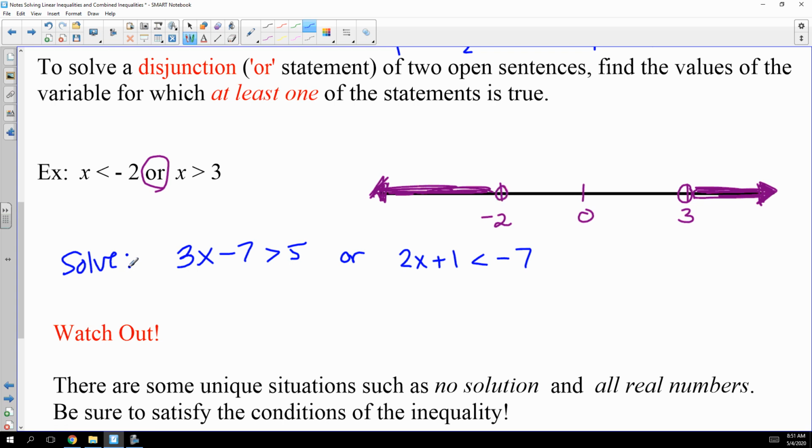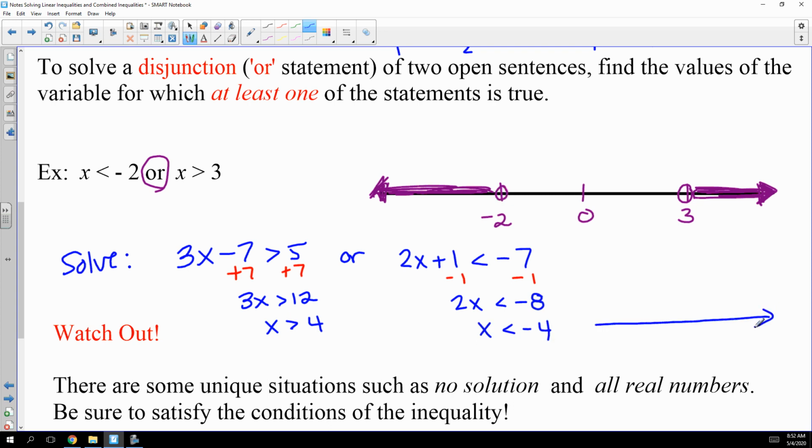So I would add 7 here, and I'd get 3x is greater than 12, divide by 3, and x is greater than 4. And then I have to solve the other inequality that's part of the disjunction. Subtract 1 and get 2x is less than -8 and x is less than -4.